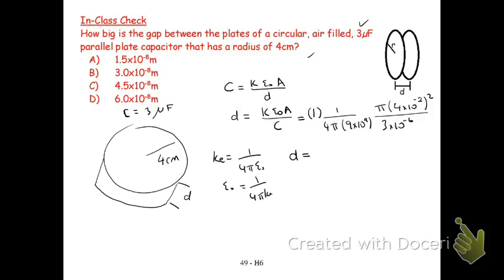So my D is going to equal, well, my pi's cancel. And that's going to be 16 times 10 to the minus 4 over 27 times 10 to the 3, which equals, what is that, 16 over 27? Did I bring a calculator? Yes.